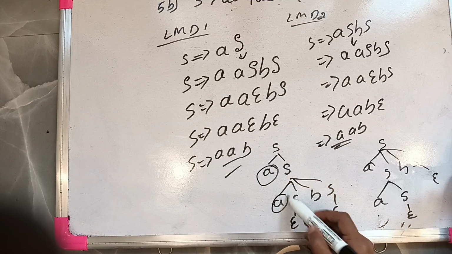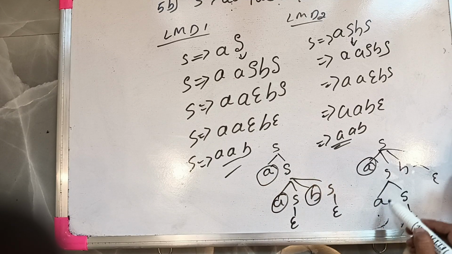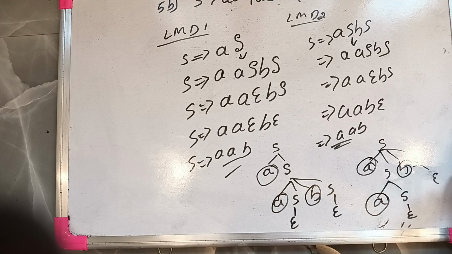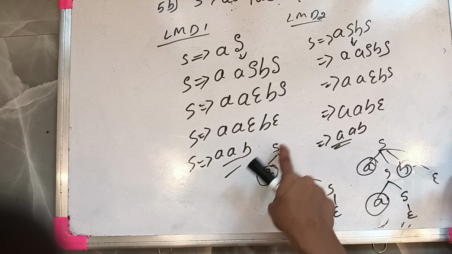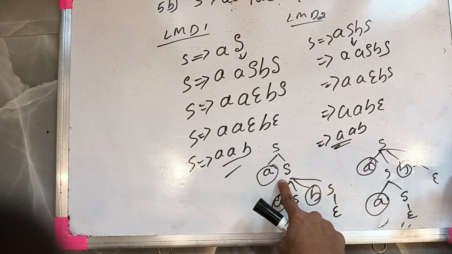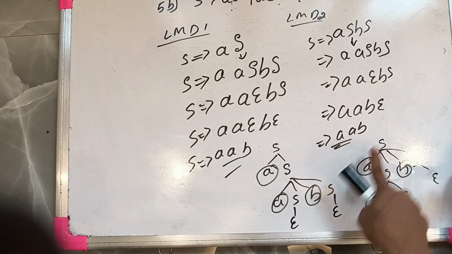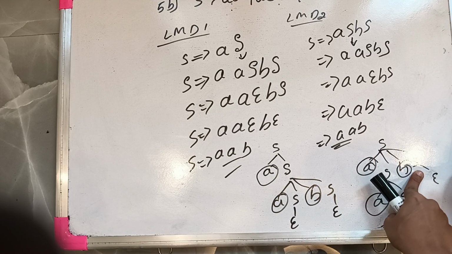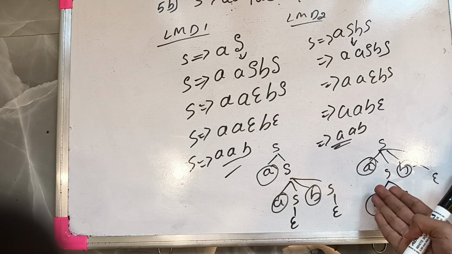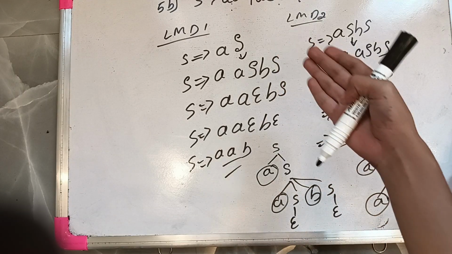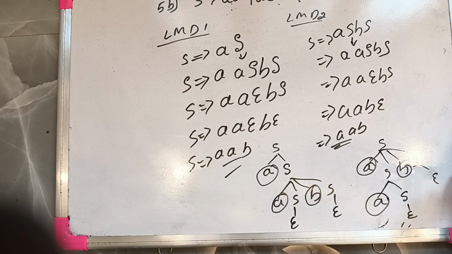Next, mark in circle AAB, AAB, and you can clearly see that from the main branch there are two subtrees in this parse tree, but in this one from the main branch there are four subtrees. So we can say that the two parse trees are different. The given grammar is ambiguous.